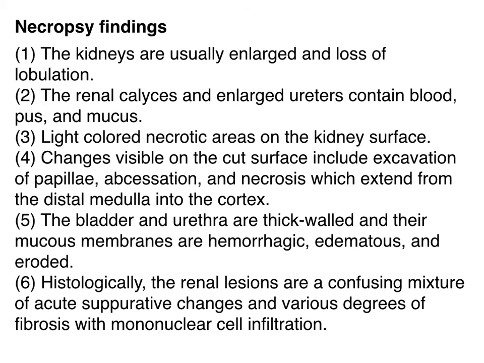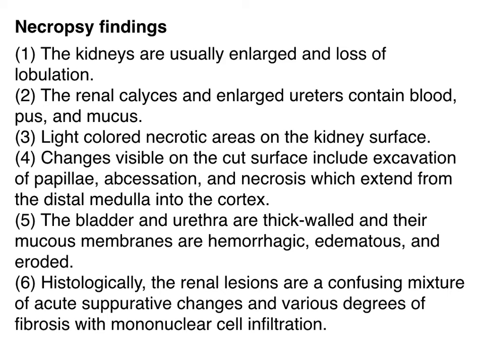As for the necropsy findings, the kidneys are usually enlarged with loss of lobulation. The renal calyx and enlarged ureter contain blood, pus and mucus. Light colored necrotic areas on the kidney surface.